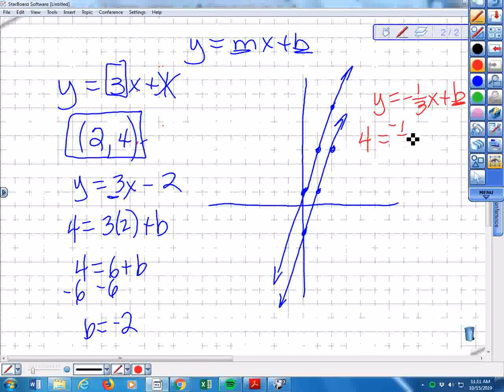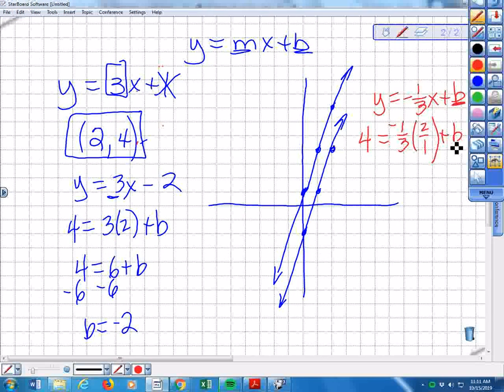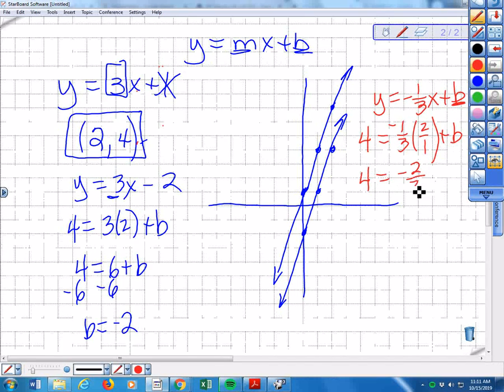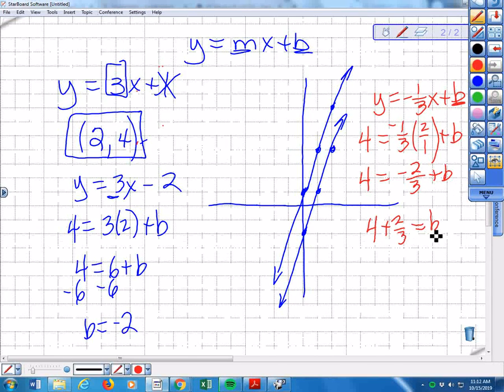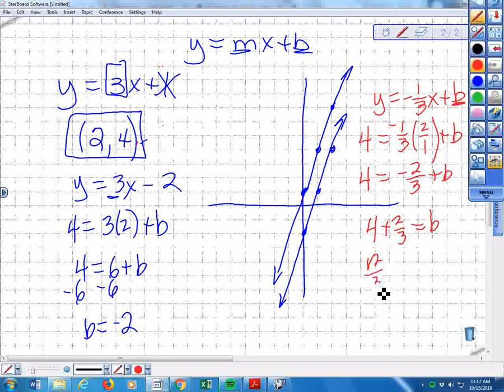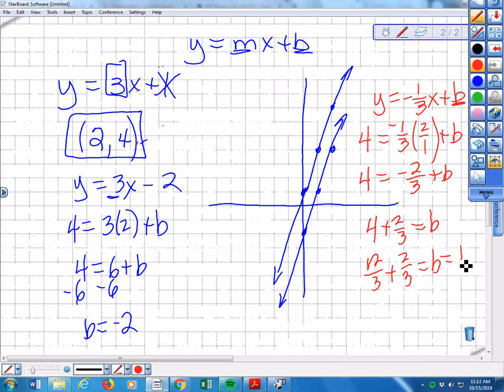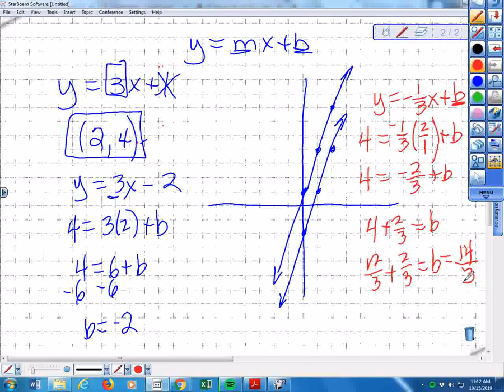negative 1/3 times 2 plus b. And now I have to solve for b. So I have 4 equals negative 2/3 plus b. So it's 4 plus 2/3 equals b. Well, 4, that's 12/3, right? So that's 14/3. Just getting a common denominator.